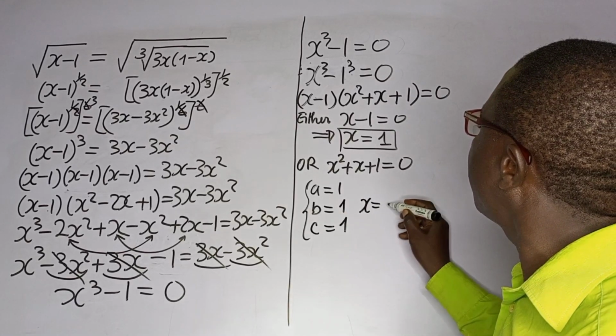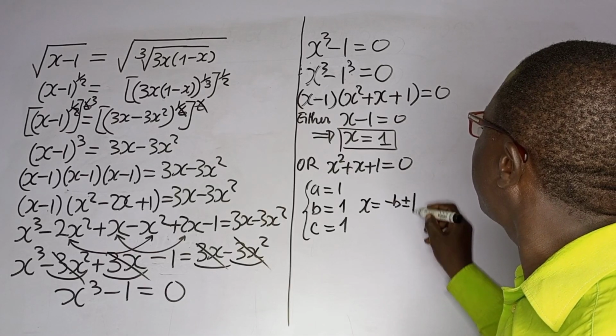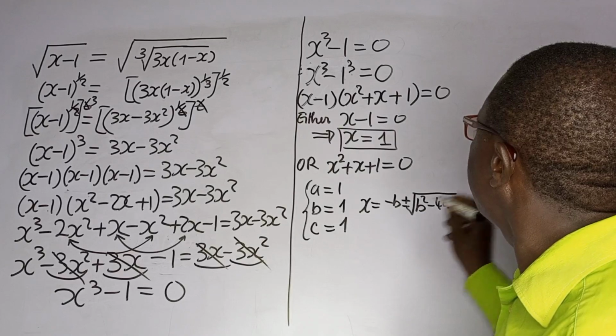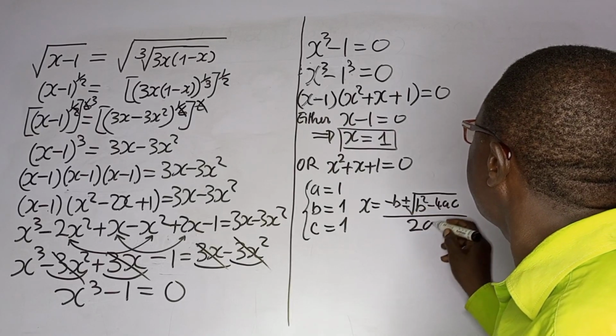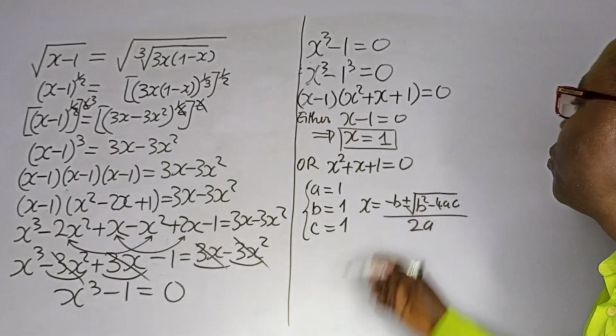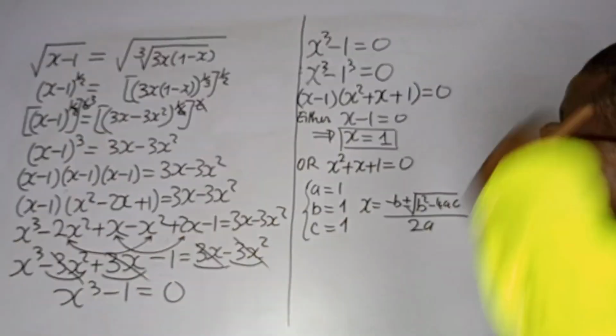So when we use the quadratic formula, x equals minus b plus or minus the root of b squared minus 4ac, all of that divided by 2a, we are going to come up with the remaining 2 solutions of our cubic equation. Now let's put in the values of a, b, c accurately.